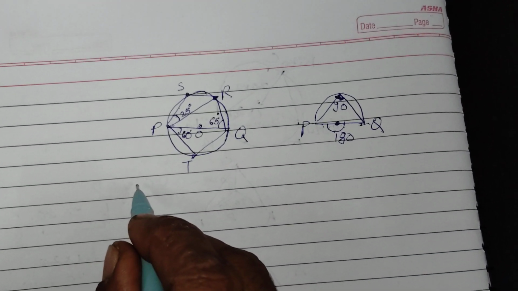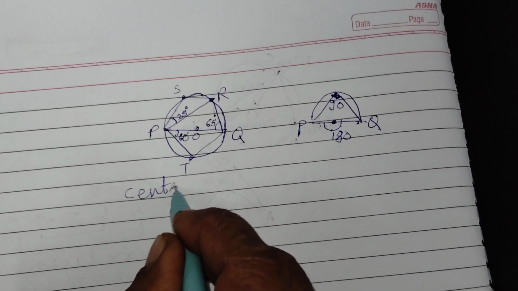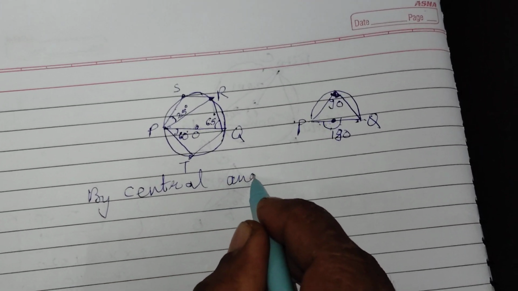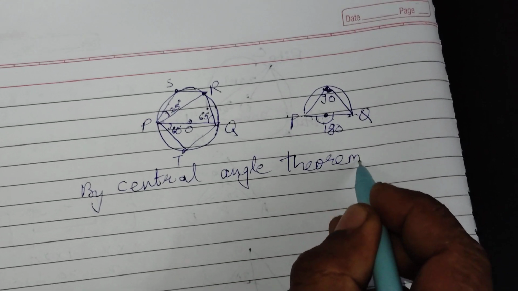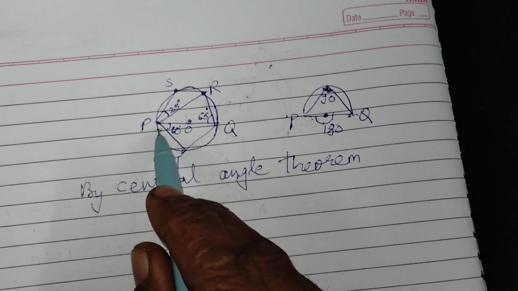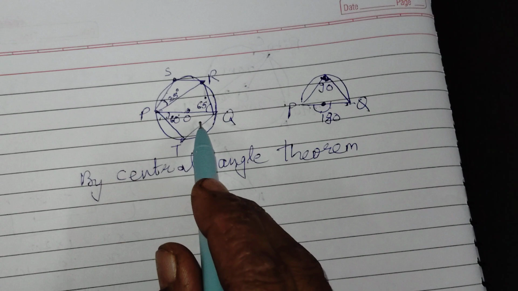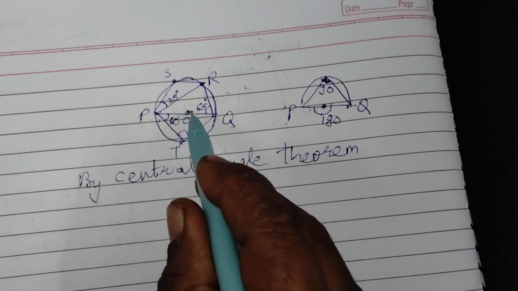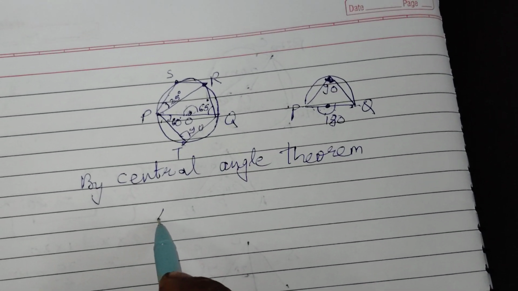This is the property of the central angle theorem. This theorem says that the angle at the center of the circle is double the angle subtended on any part of the circle. So this angle is 90 degrees because there is 180 degrees.